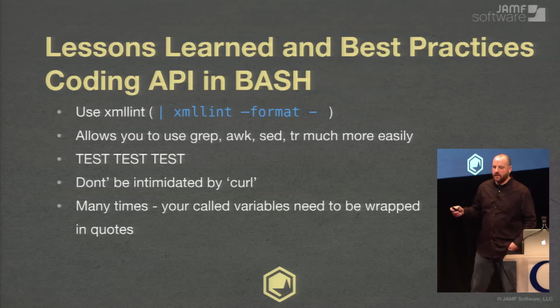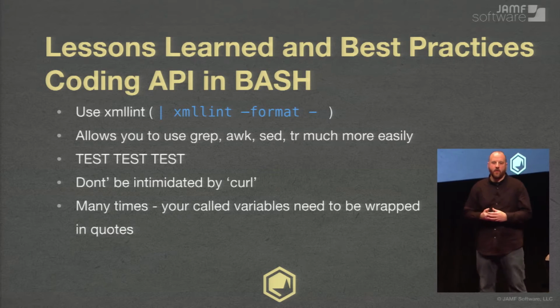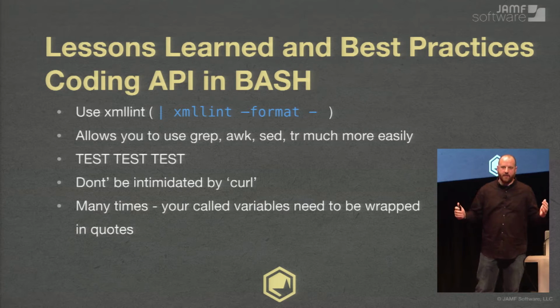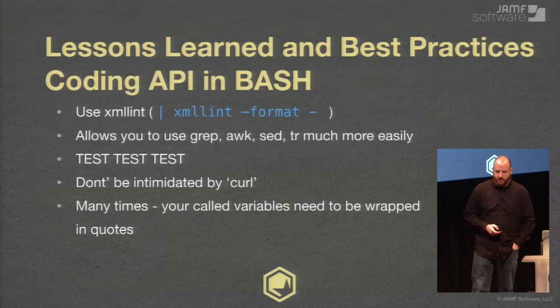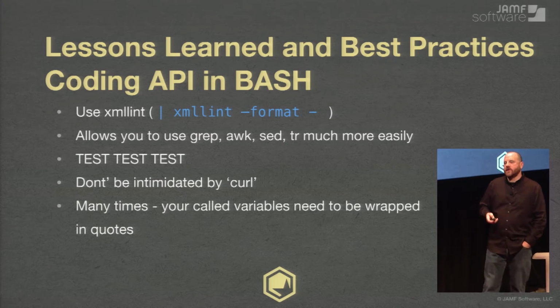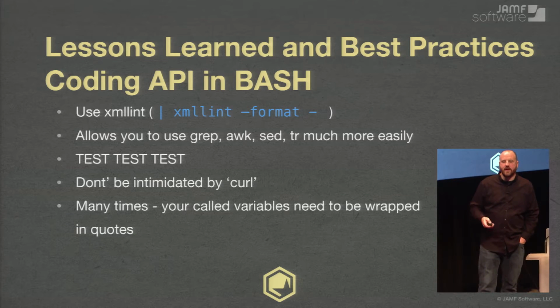Use XML lint to format, pipe your output to that. Otherwise, you get a really super long one-line glob of XML that's impossible to work with. And then you can use your traditional text editing on top of that much more easily with your grep -v's and your awks and your seds.